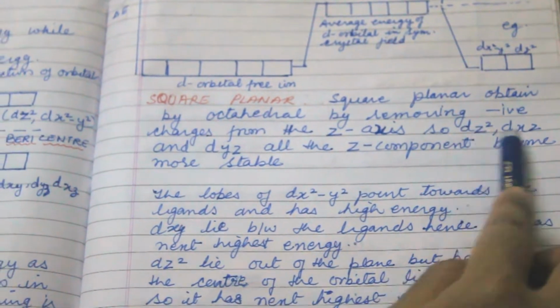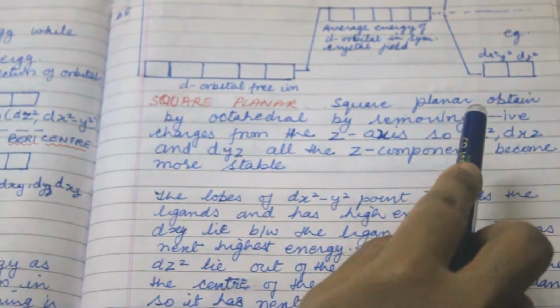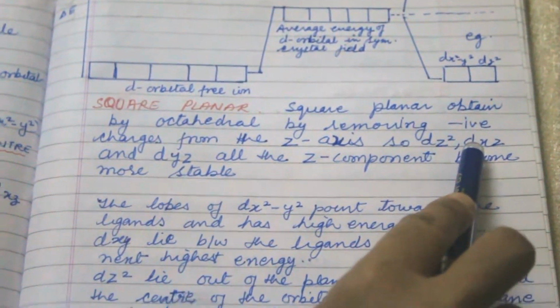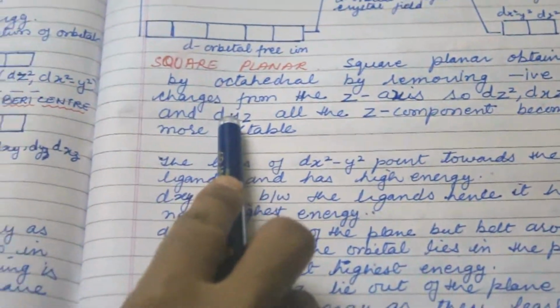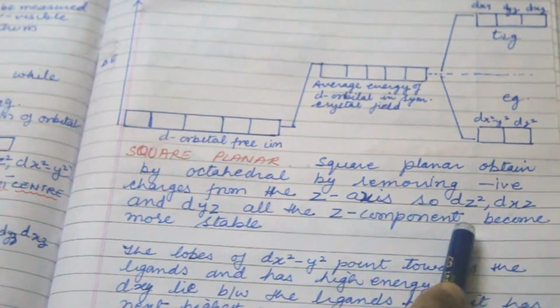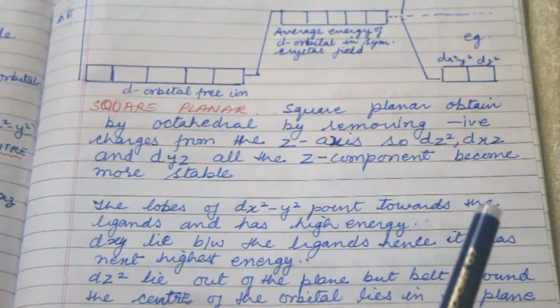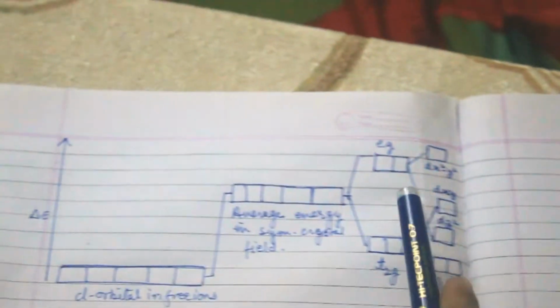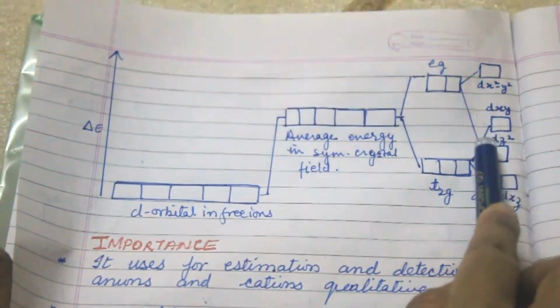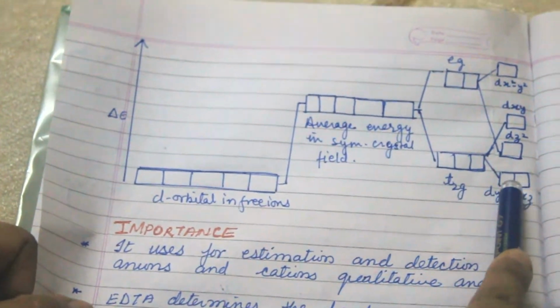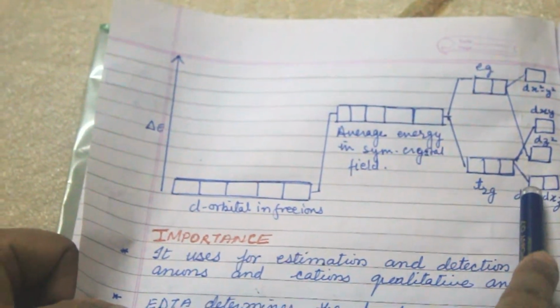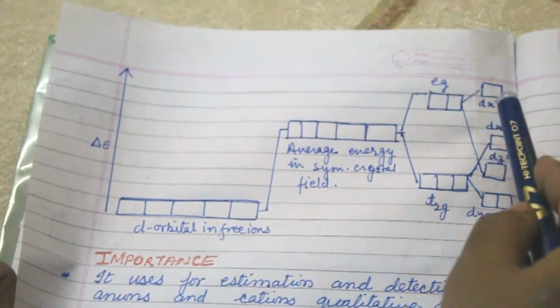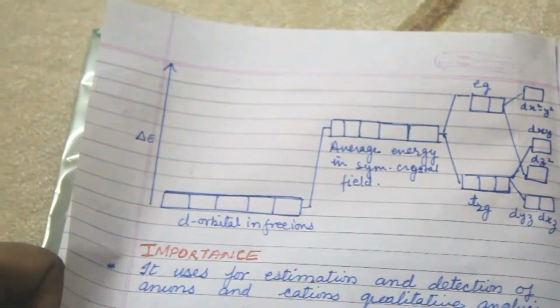So all the z orbitals, that is dz square, dxz, dyz, the z components, become more stable. See in this figure, all the z orbitals lie at the low energy level, and the others have high energy.